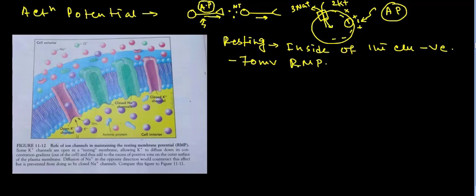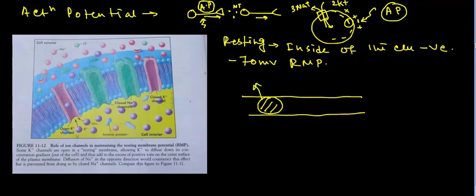But which ion channels are responsible for maintaining this resting membrane potential? This is very important. If we draw the axonal membrane, in this axon the sodium potassium ATPase pump is present, as I have told you.